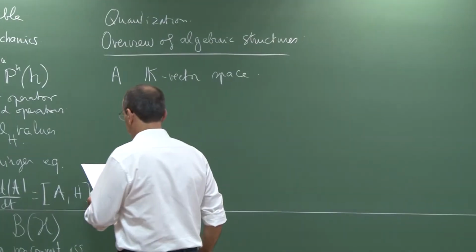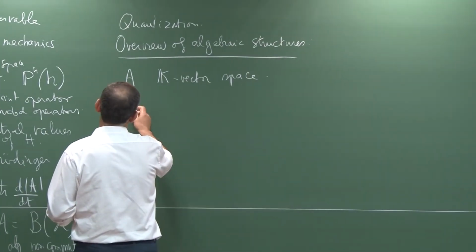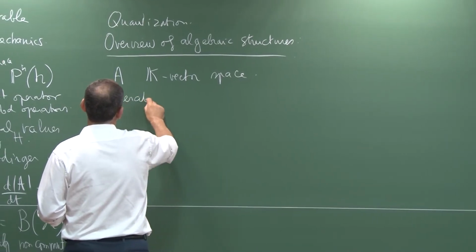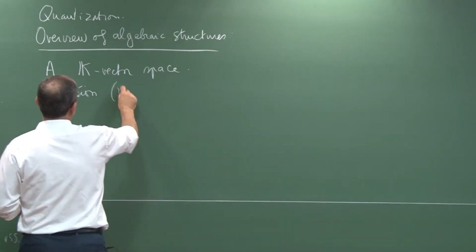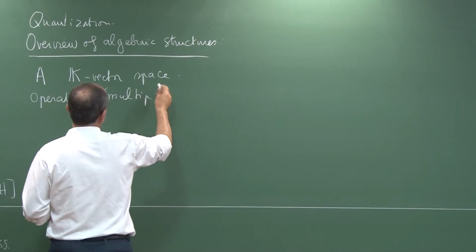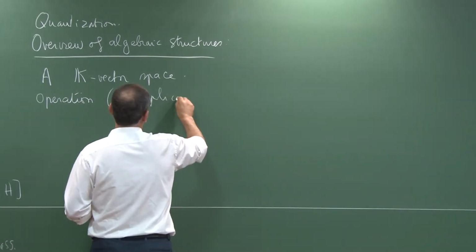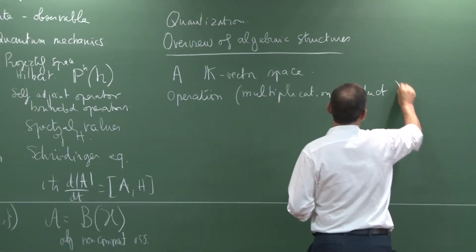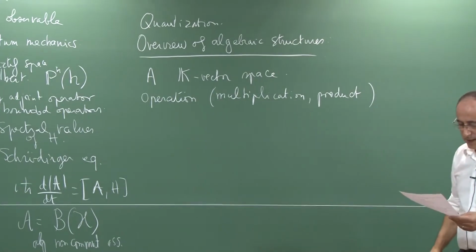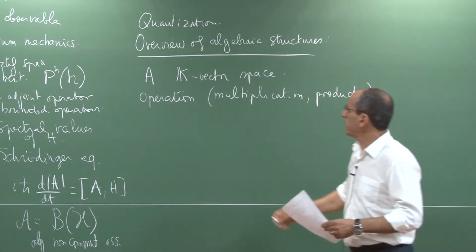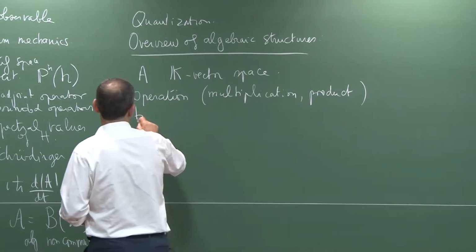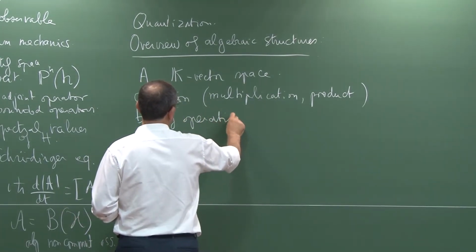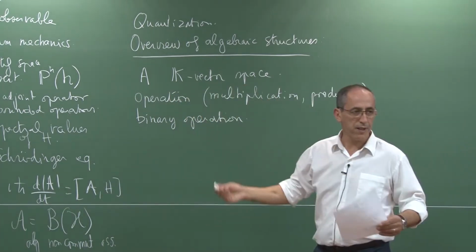A multiplication is just an operation, or multiplication, or product, we can use whatever we want. We usually need a binary operation, but we can also use n-ary operations.